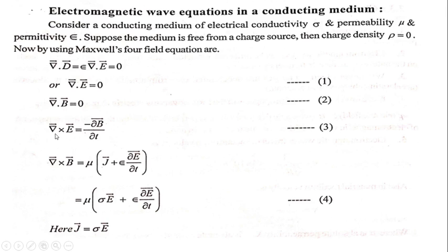Another equation is del cross E equals minus delta B by delta T. And also the Maxwell equation del cross B equals mu into J plus epsilon delta E by delta T, or del cross B equals mu into sigma E plus epsilon delta E by delta T. Here J equals sigma E.